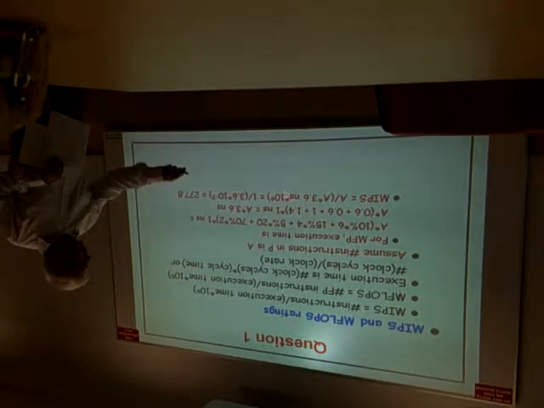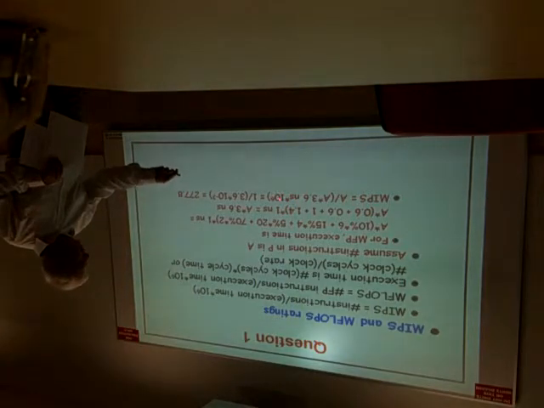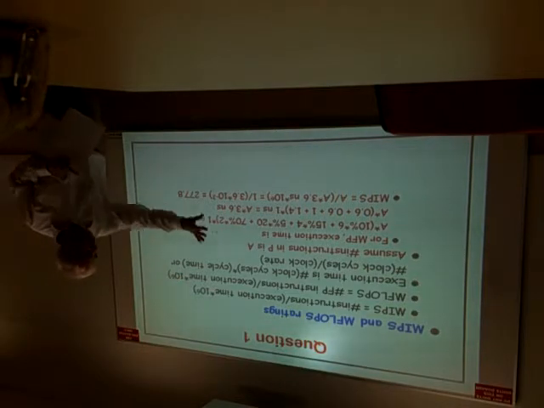We have nanoseconds here, which is 10 to the minus 9, but we multiply by 10 to the 6, so we get 10 to the minus 3, and when we do the division, we get 277.8. So you just use the basic equations and do the arithmetic.